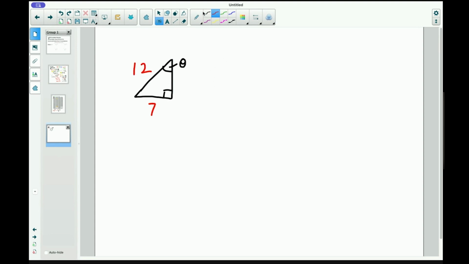All right. So according to SOHCAHTOA, let's go ahead and write that down first. SOHCAHTOA. I'm going to label my triangle based off of the two sides that I have here. So we have my opposite side, which is going to be down here, my hypotenuse, and finally my adjacent side.